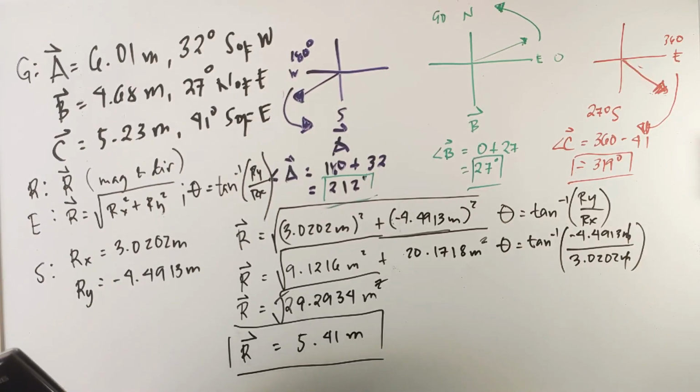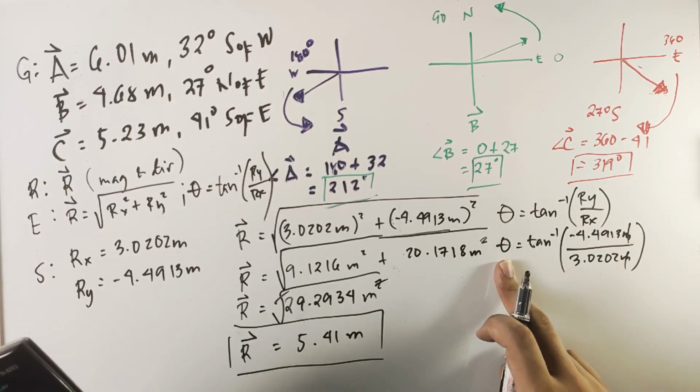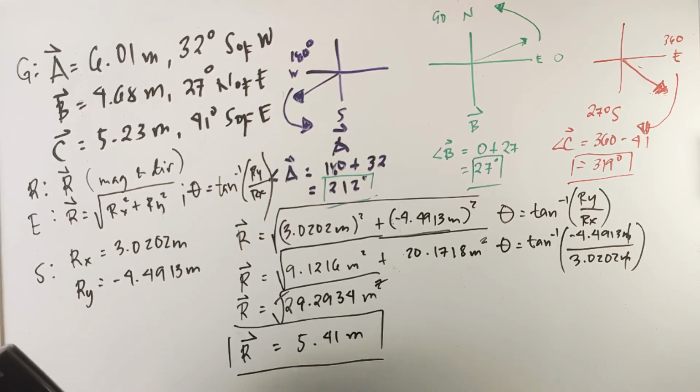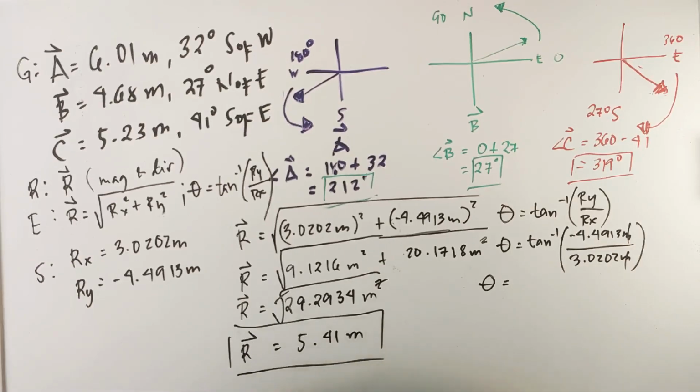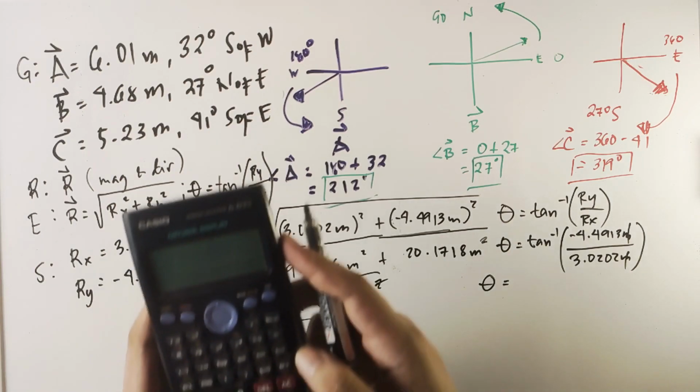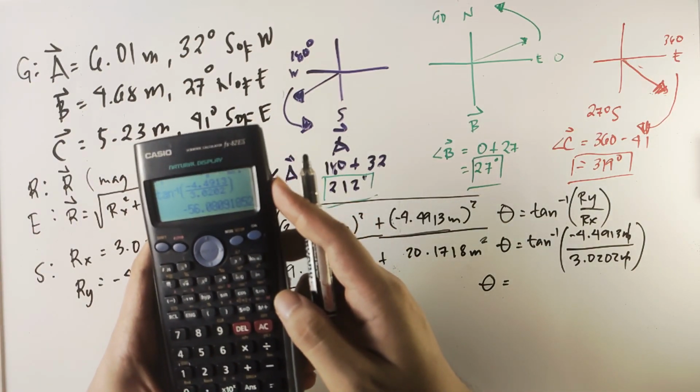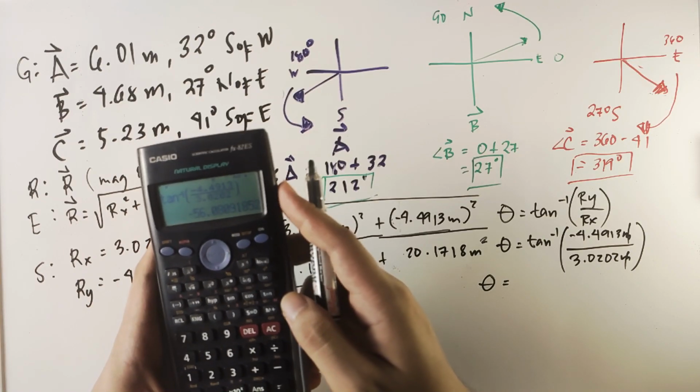So cancel the meters because of course the unit of theta is in degrees. Okay, so let's put that on our calculator. So that's tangent inverse or arctan, negative 4.4913 over 3.0202. There. So here's the answer.